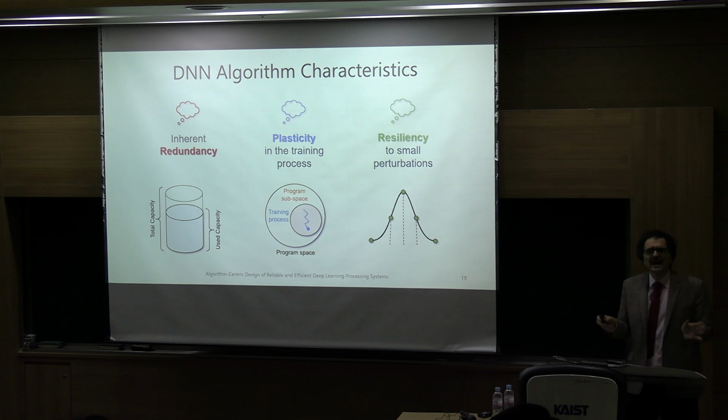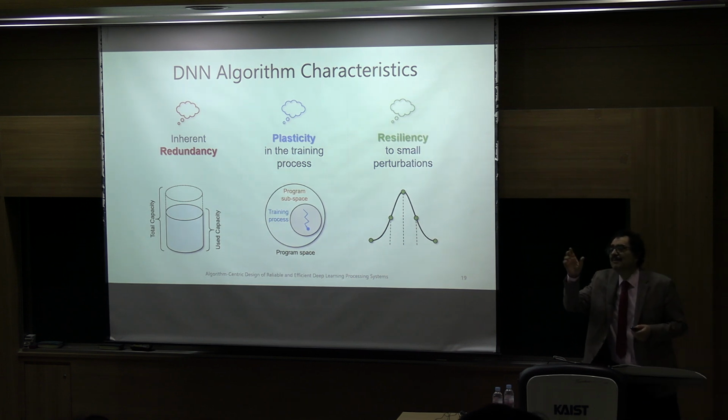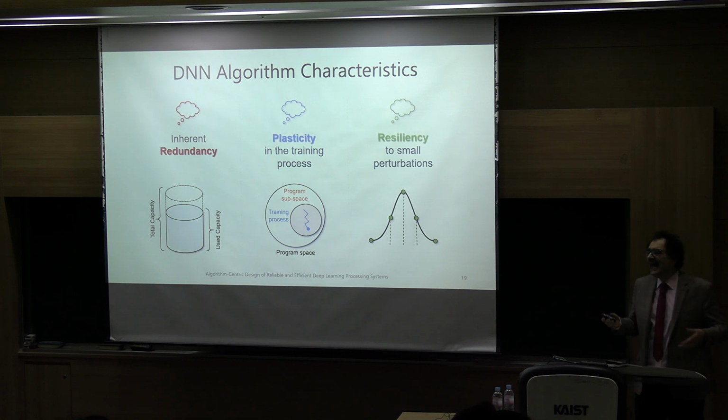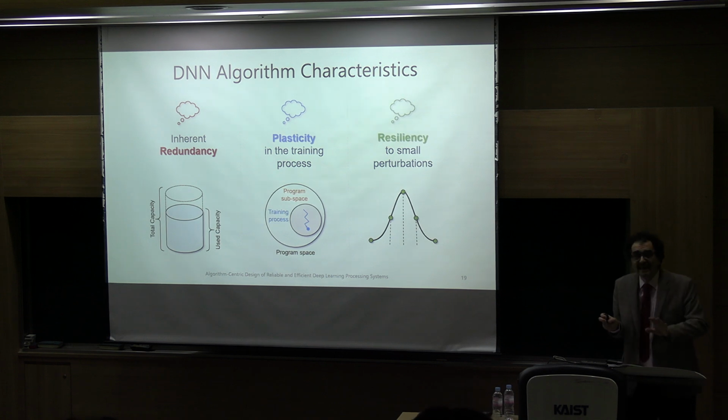Most small faults will not do anything. So if you sort of hit the least significant bit of some 8-bit representation over there, chances are you won't really have an accuracy degradation at the end of the day. But if you hit the sign bit, or if you hit the most significant bits, chances are you will hear about it, and you may even have the wrong classification or whatever you are looking for.